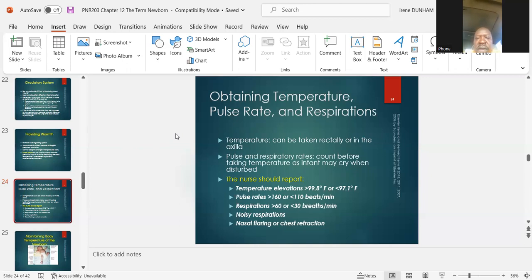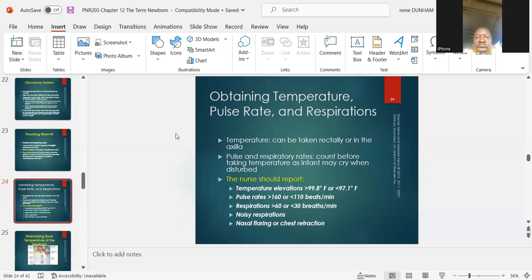Okay. Now, this slide just shows you about obtaining temperature and pulse rate and respirations. What I want you to take note of is the bottom part where it says the nursery report. Those are really important to know. And I always told all my students, know the normal vital signs of an infant.